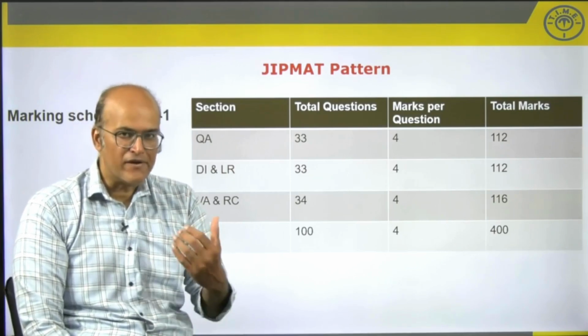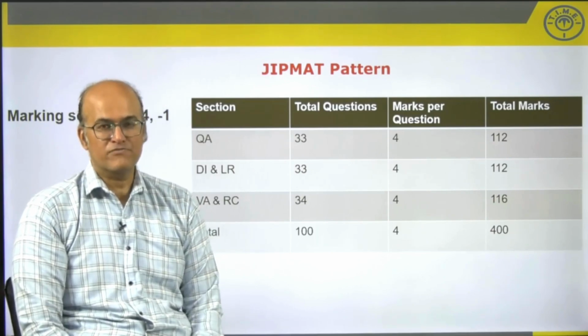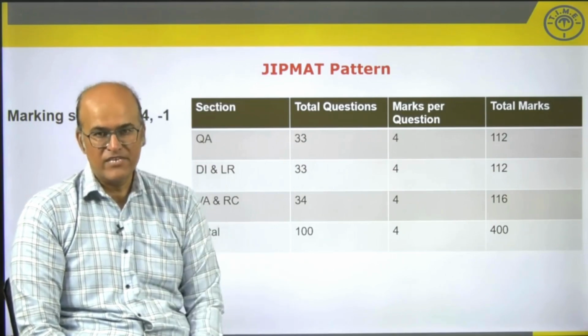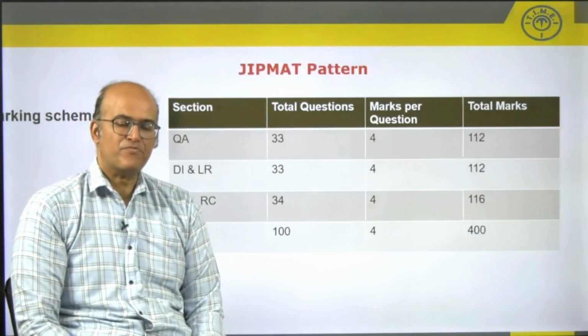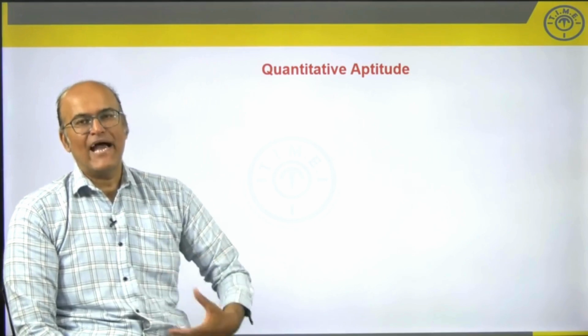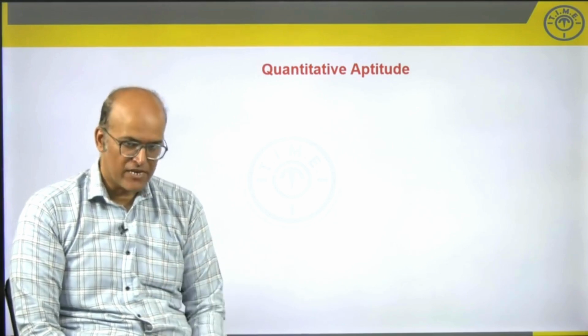That is why if you add it up, it becomes 100 questions. As I said, every question has 4 marks weightage, so the total score possible is 400 in this examination. There is no sectional time limit, by the way, so a student had the freedom to utilize the duration as per his or her convenience.